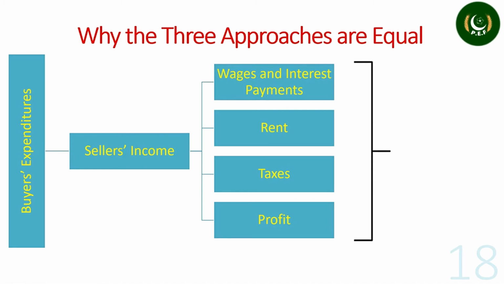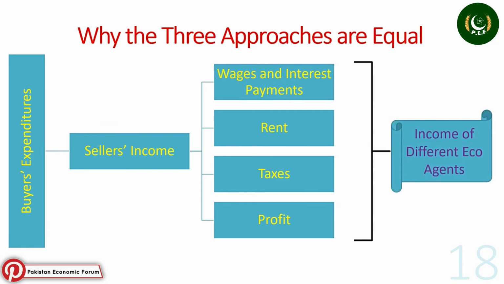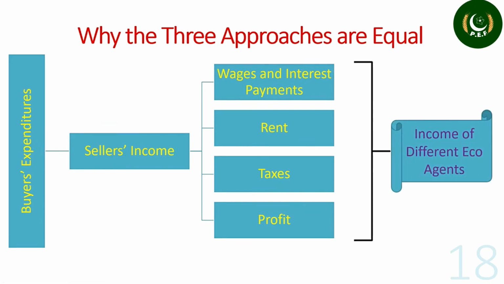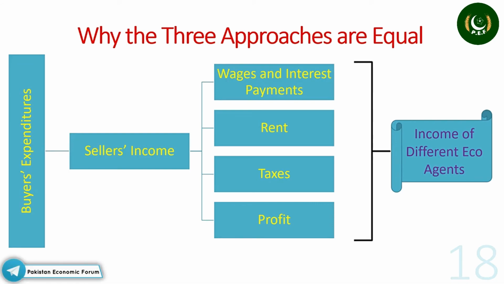All these three incomes, that is the income of workers, suppliers, governments, and entrepreneurs. Thus, total expenditures must also equal total income generated. Therefore, all these three approaches give us the same values.